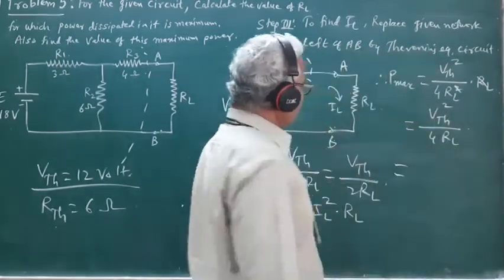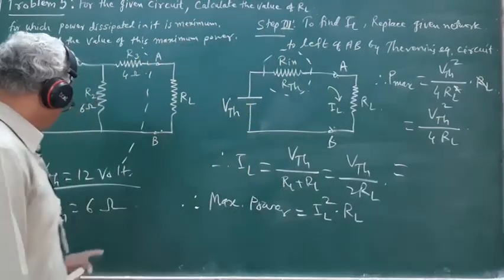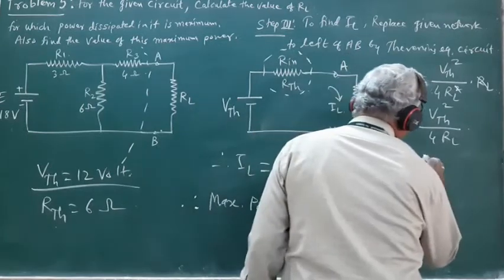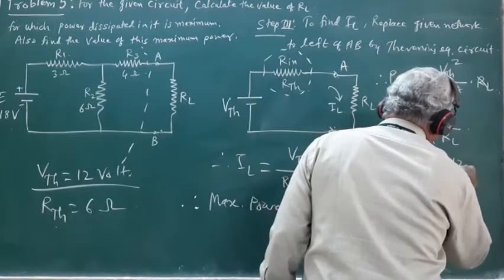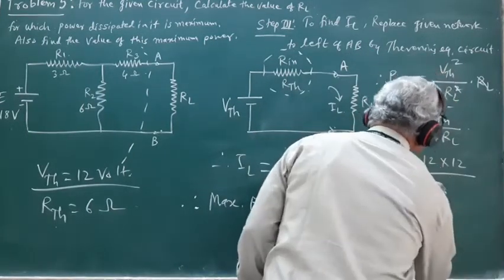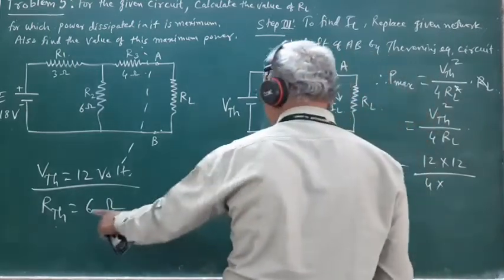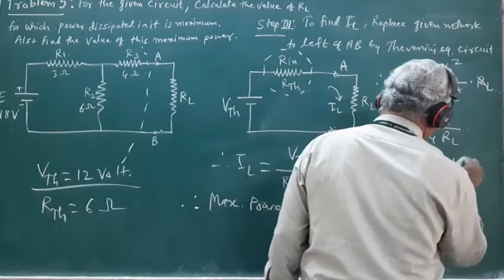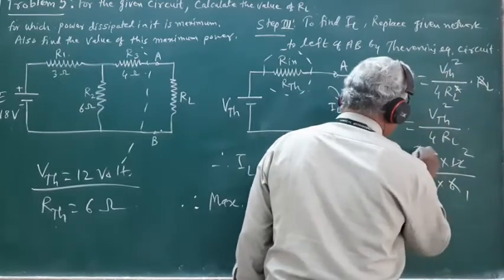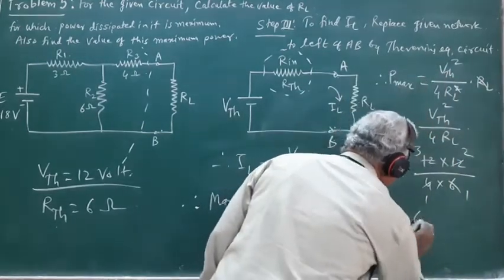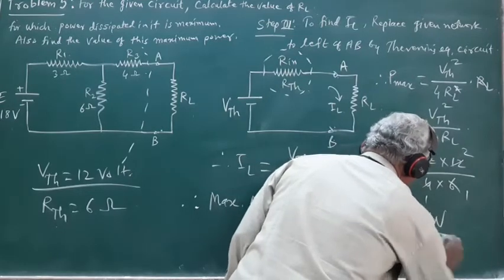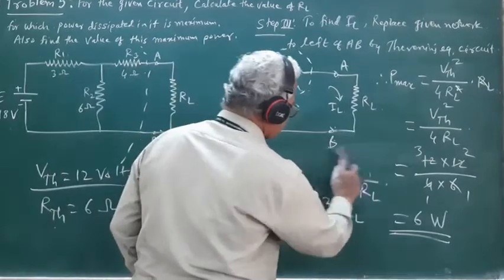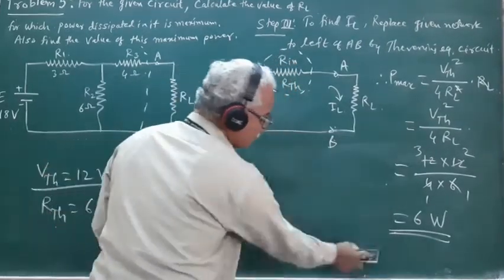Now using the values of VTH and RL, VTH is 12 volt. So it is 12 into 12 divided by 4 into RL, which is 6 ohm. So this is 12 into 12 divided by 4 into 6. The maximum power available across the load resistance will be equal to 6 watt.